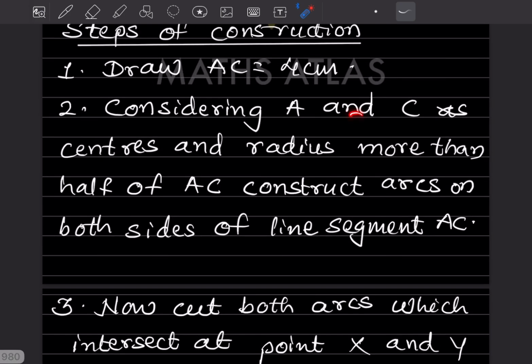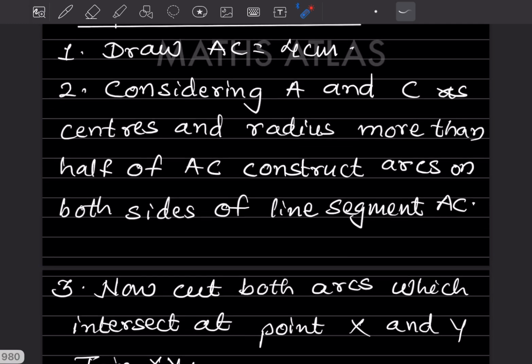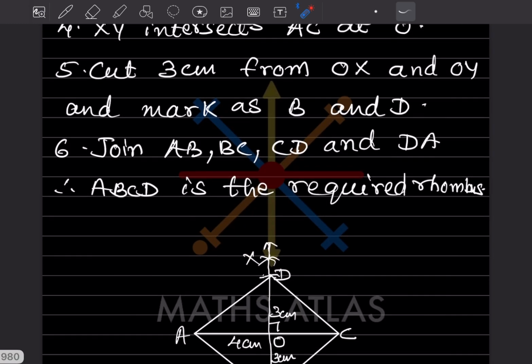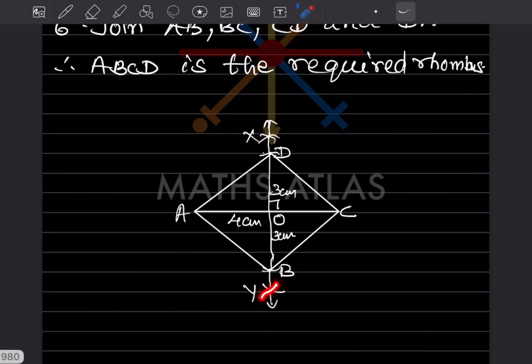Now considering A and C as centers and a radius that will be more than half of AC, construct arcs. So now what will you do? This is 4 centimeter. So you will take more than half, and half is 2. So you will take more than half on the compass and draw an arc, one over here and one here down.